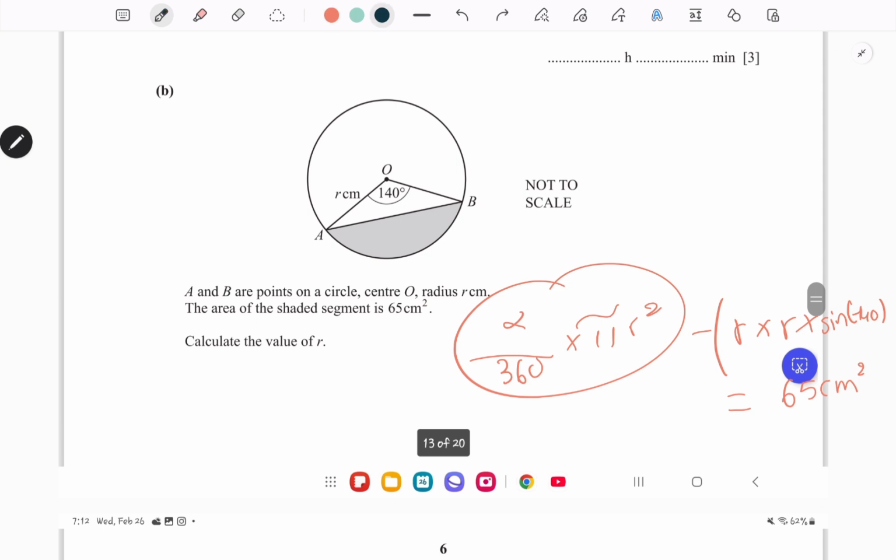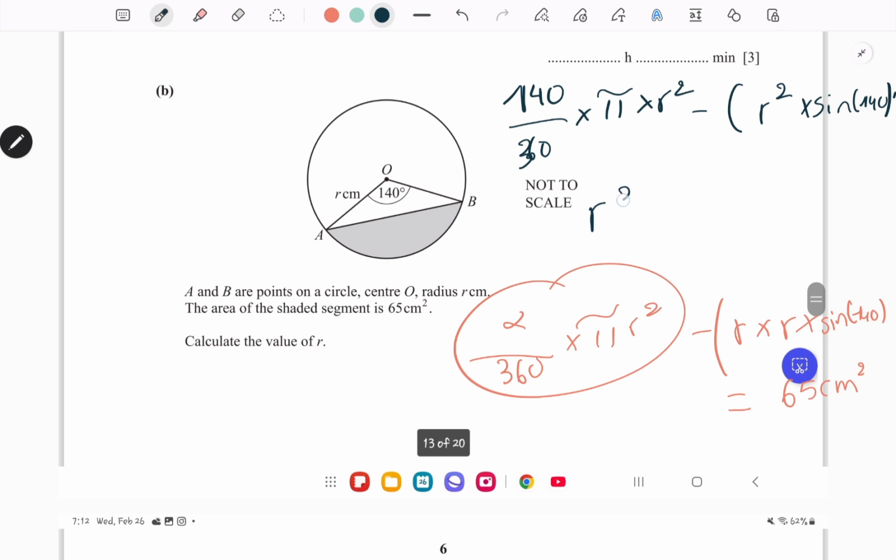Okay, so we have the angle to be 140, so it's 140 over 360 times pi times r squared minus r squared times sine 140. You could take r squared as common. So if you take r squared as common, you're going to be left with r squared outside, times 140/360 times pi minus sine 140.